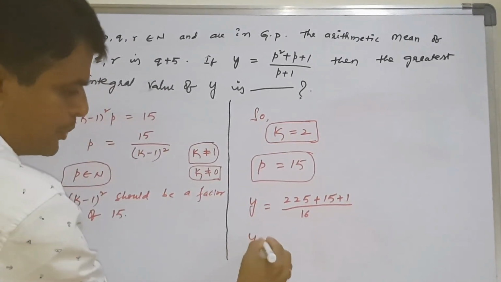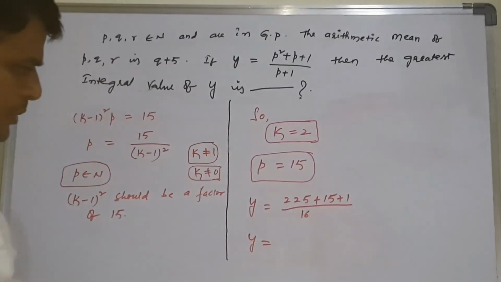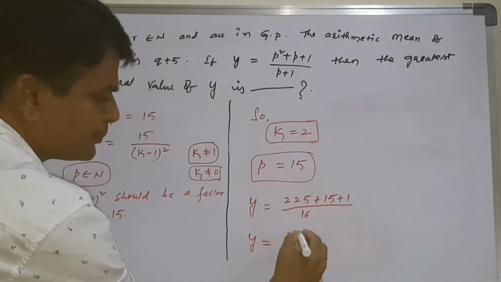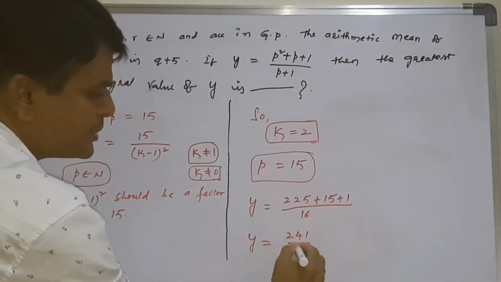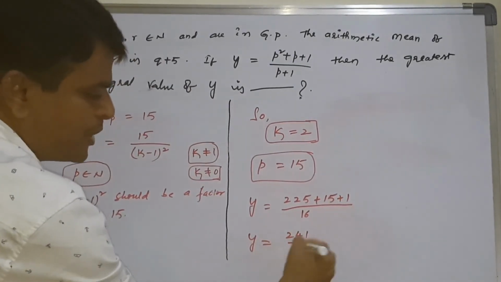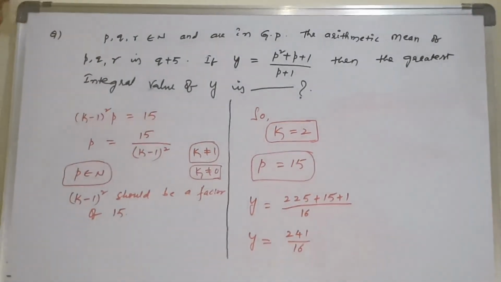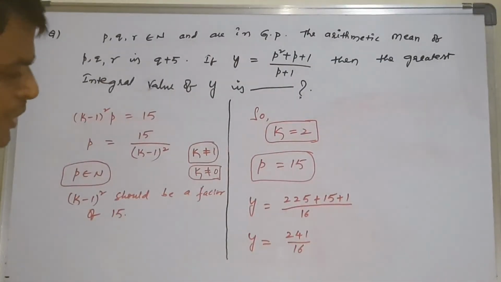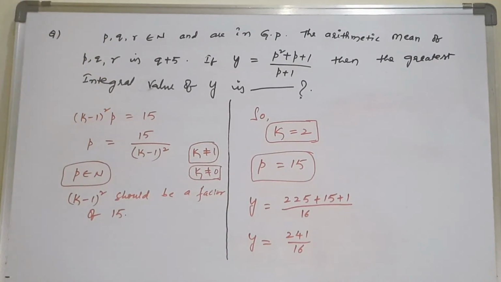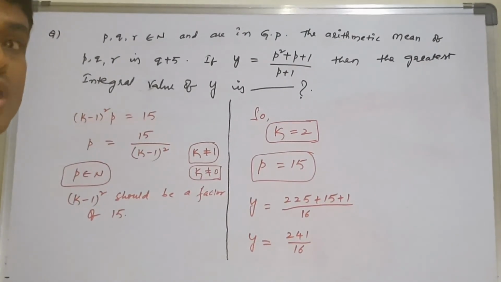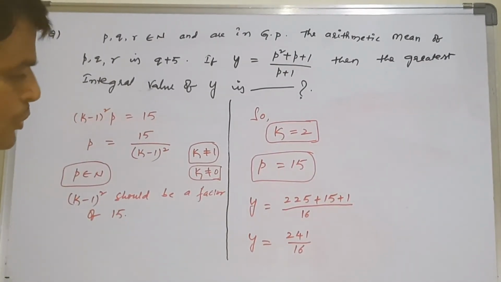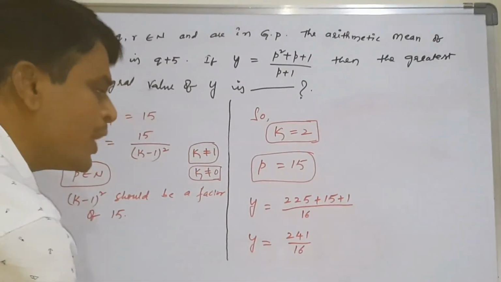So y value you are getting clearly is 241 divided by 16. 15 15s are 225, so 16 15s are 240. So you will be getting 15 point something.